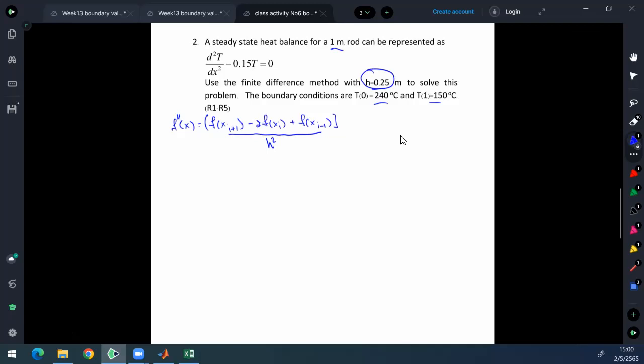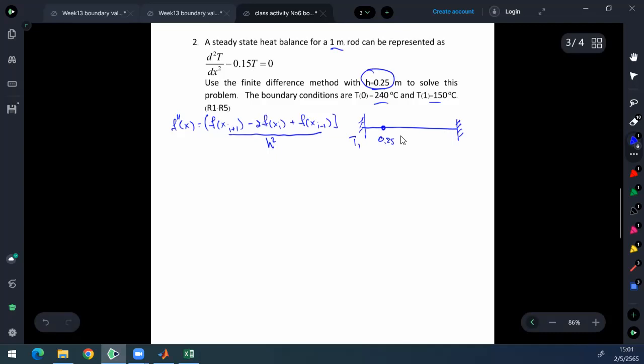For this type, if we draw some pictures, maybe something like this. We have T1, and we have the step. When x equals 0.25, we have T2. At 0.5, we have T3.